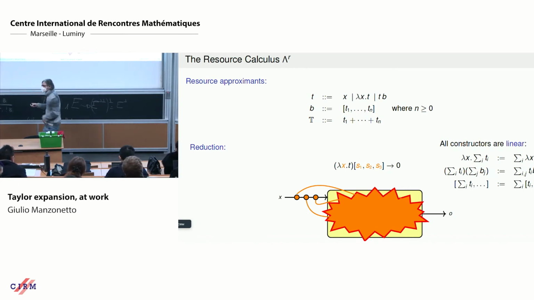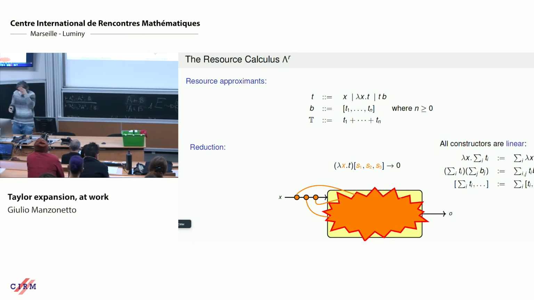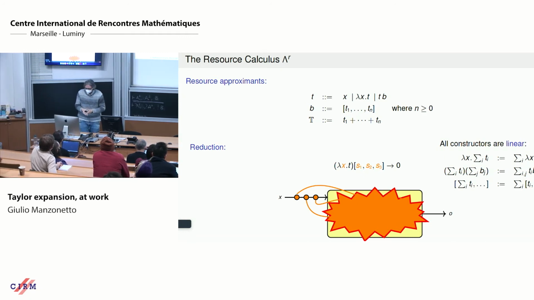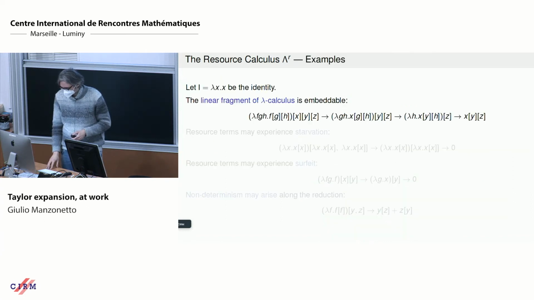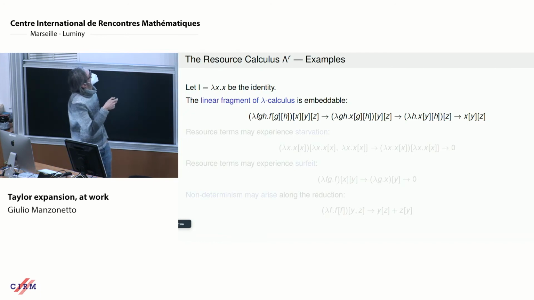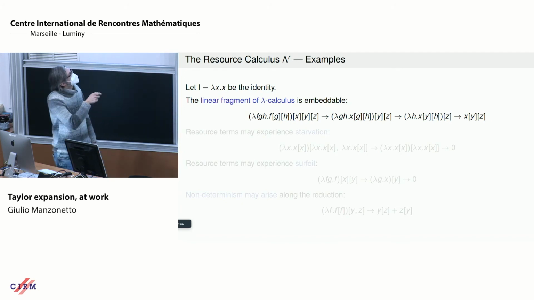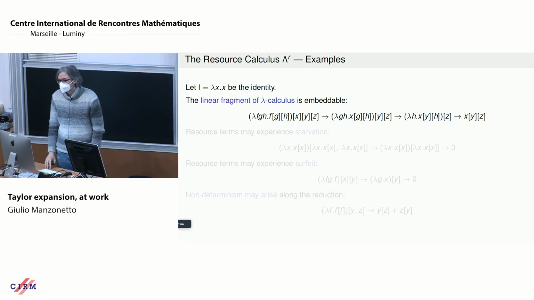So this means that if I have a subprogram that becomes 0, then the whole program becomes 0. And 0 is the neutral element of the sum, so basically it disappears. OK, so in this calculus, you can embed the linear fragment of lambda calculus. So if every abstracted variable occurs exactly once, you just have the old linear lambda calculus, which is not very interesting.